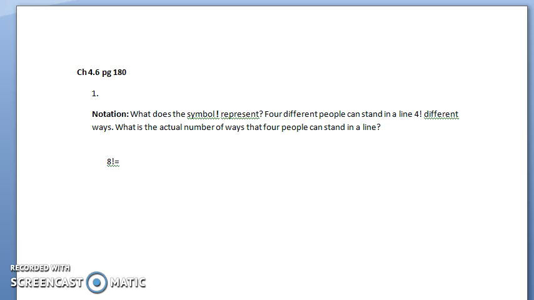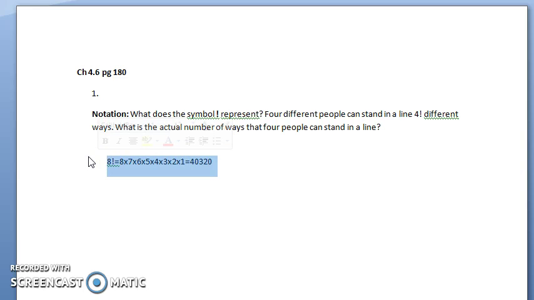So, we are multiplying 8 times 7 times 6 times 5 times 4 times 3 times 2, and can't forget about little old 1. We find the product of that turns out to be 40,320. So that is the value of 8 exclamation point, or factorial symbol, however you want to phrase it.